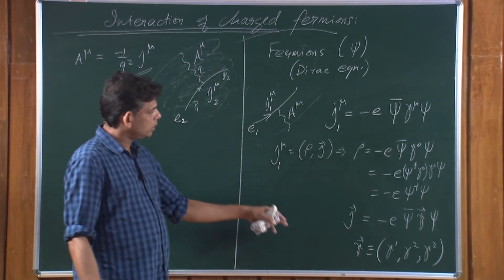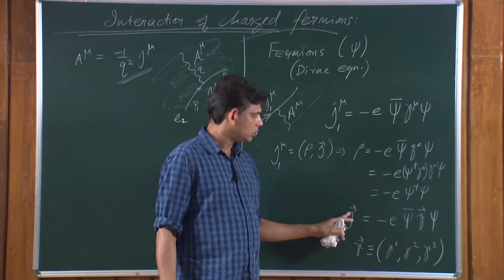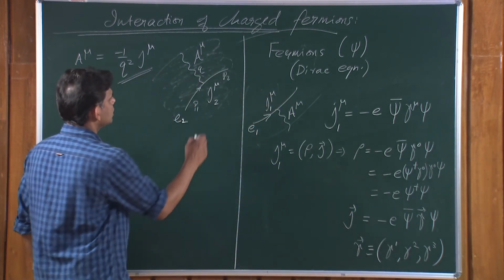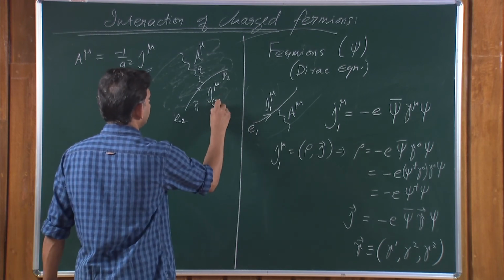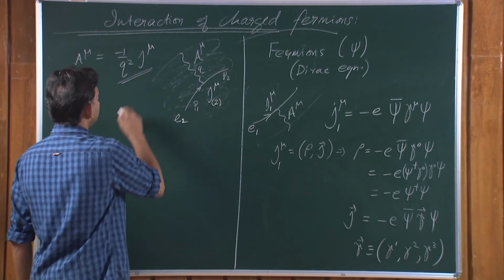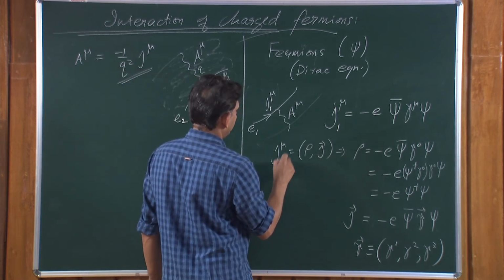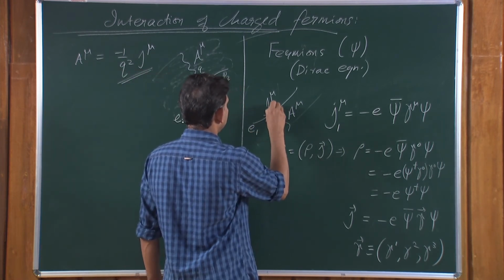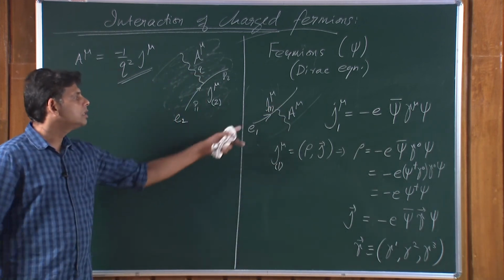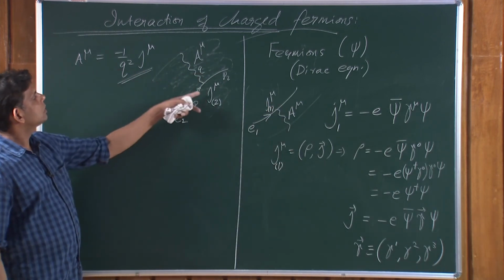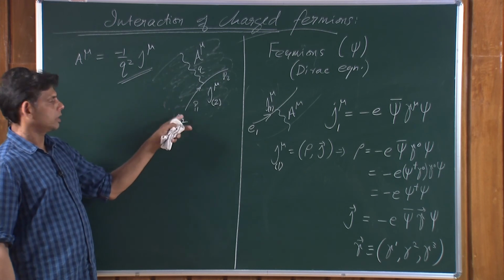This 2 has nothing to do with the components of J. It is just an index to represent this particle, identifying that this current is caused by this electron, and this is talking about another electron.